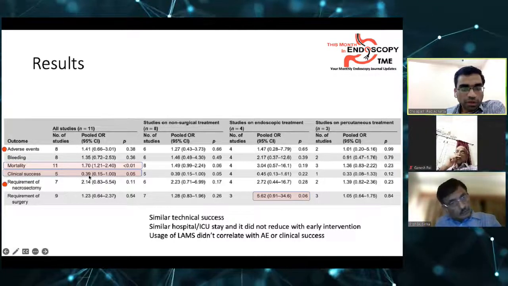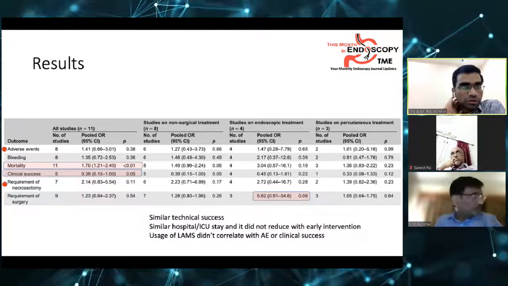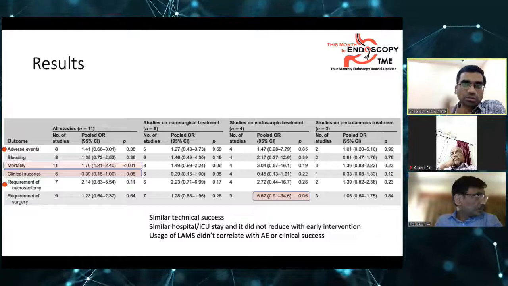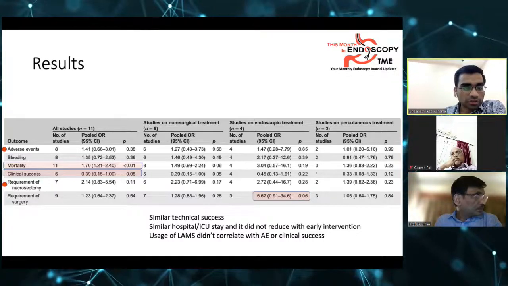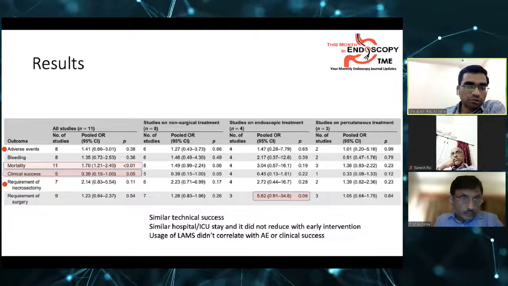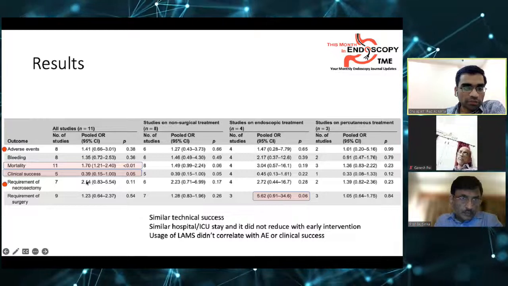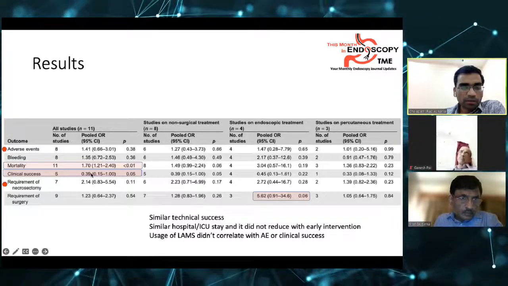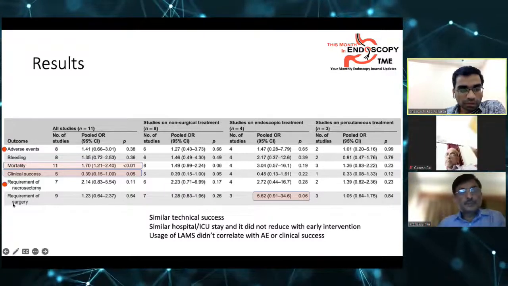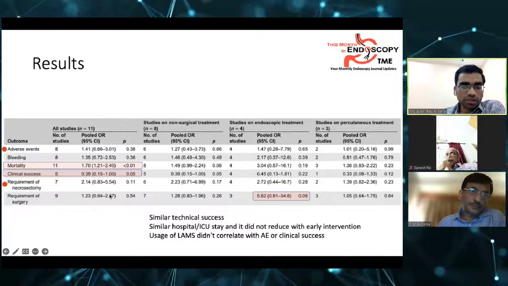Moreover, clinical success, that is radiological resolution of the collection or resolution of symptoms, was reported in 5 studies, but was lower in the early intervention group with a pooled odds ratio of 0.39. More importantly, the requirement of necrosectomy was higher with a pooled odds ratio of 2.14, and the requirement of surgery did not differ between the early and delayed intervention groups.